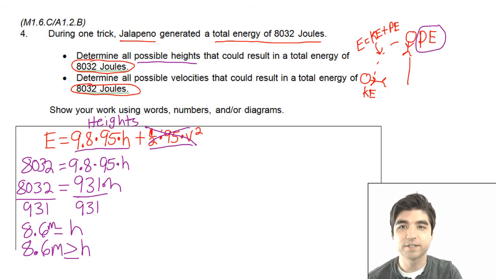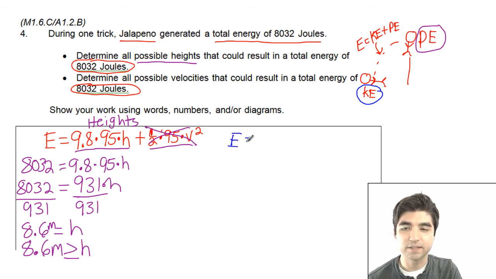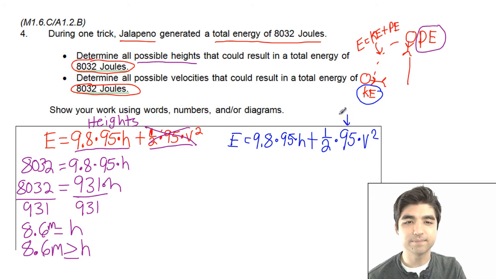Now we need to solve the equation one more time, this one for when we have all kinetic energy, so he's hit the ground. So we have E equals 9.8 times 95 h plus 1/2 times 95 times v squared. Remember that the 95 is the mass.